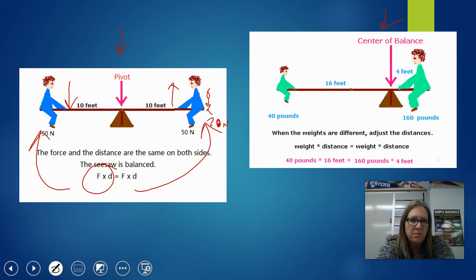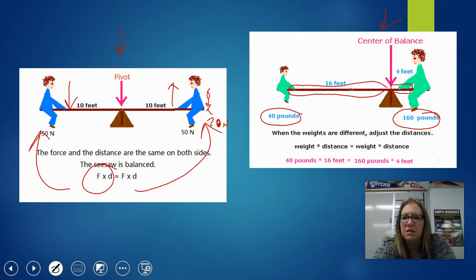So if you have objects of different weights, you can start playing with the distance from the pivot point to balance it back out. And that's what's happened over here. So I have a 40-pound, it is easily referred to as newtons, person, and a 160-pound person, okay? The distance had to be much shorter on this side than on this side to come up with the same amounts, okay? So if I do force times distance, for the little person, we've got 40 times 16.